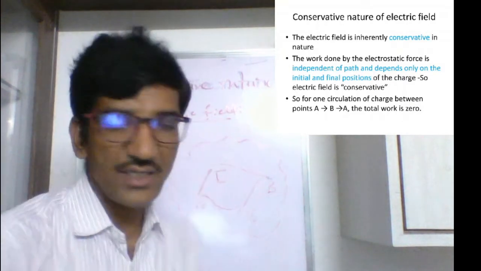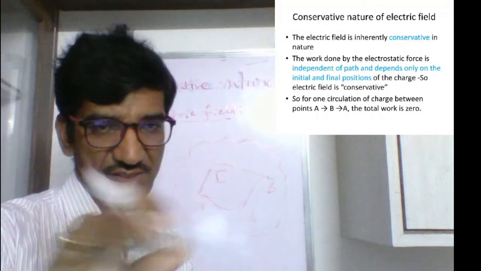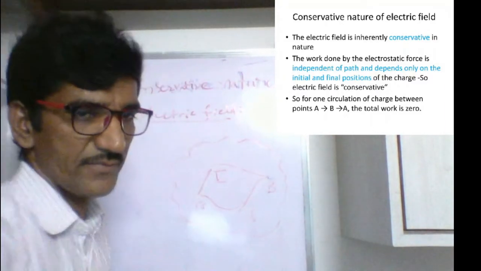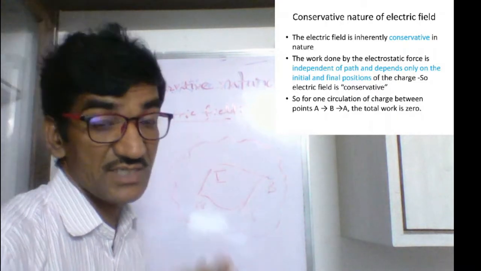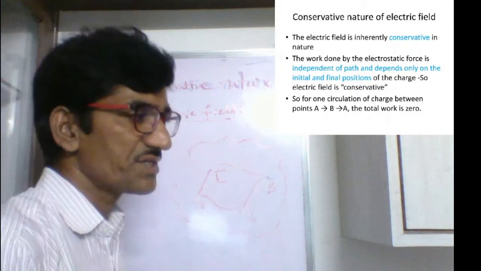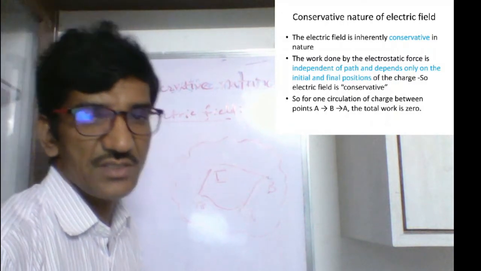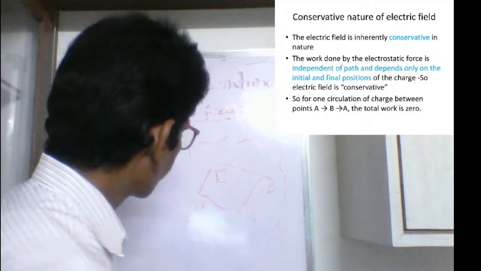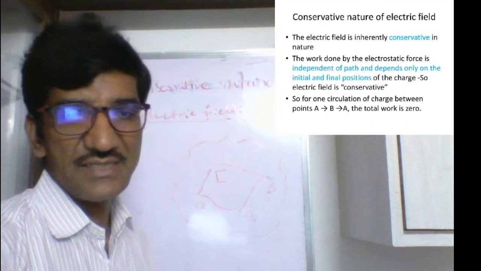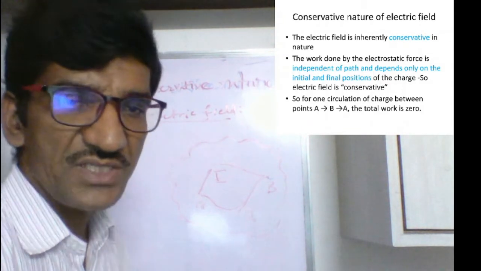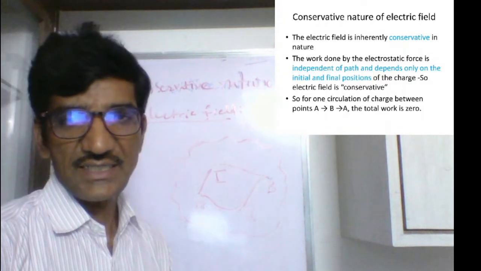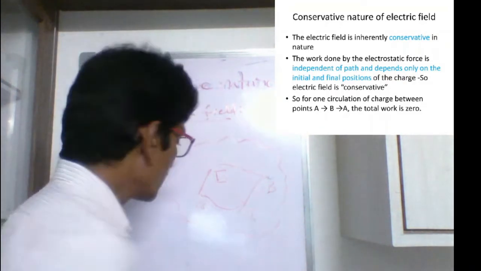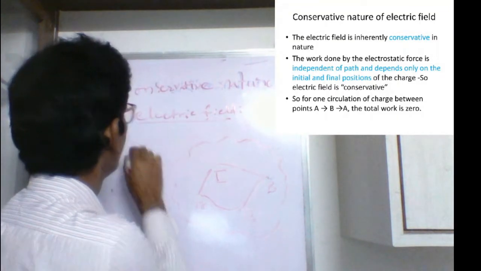Why? Because you may connect the 2 points with innumerable paths. You may move the charge along any of those paths, but the work done is the same as long as you do not change the initial and final positions. So our electric field is a conservative field. This is the inherent nature of the electric field. Suppose that, what I am saying, W1 is equal to W2.